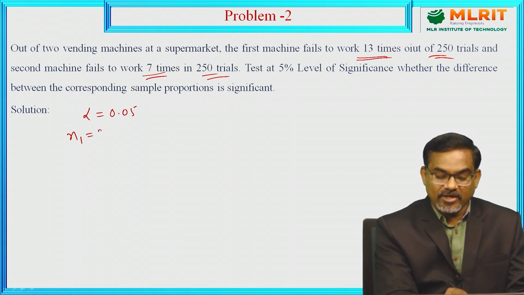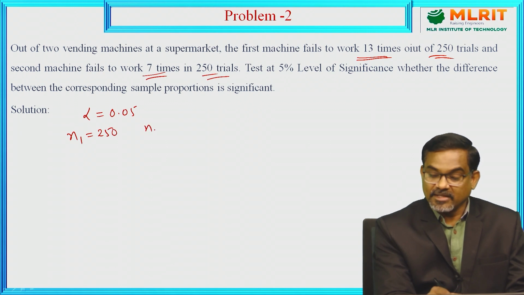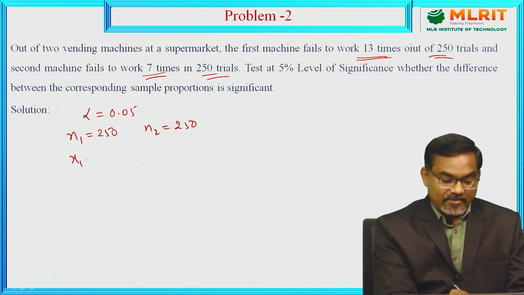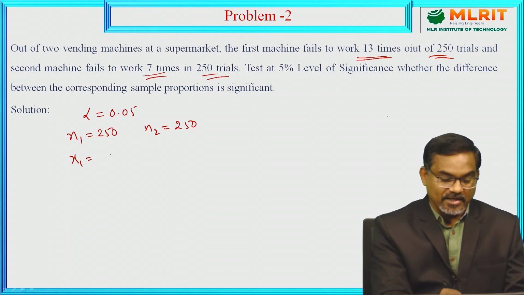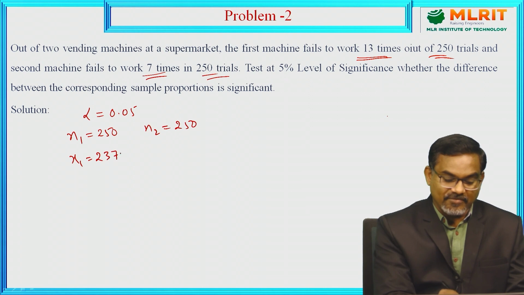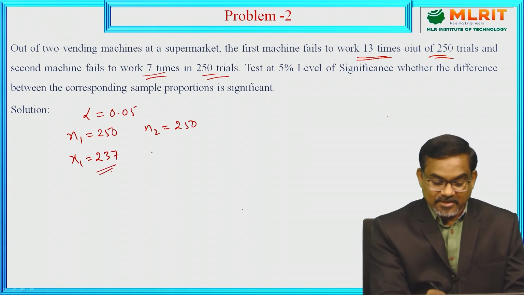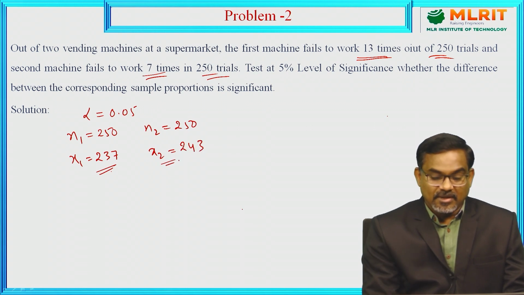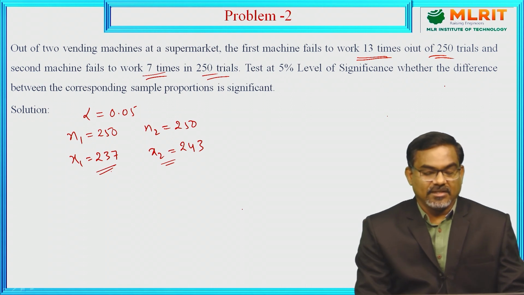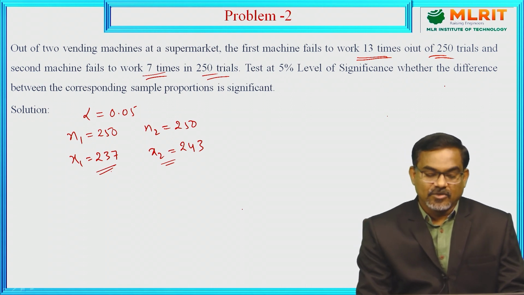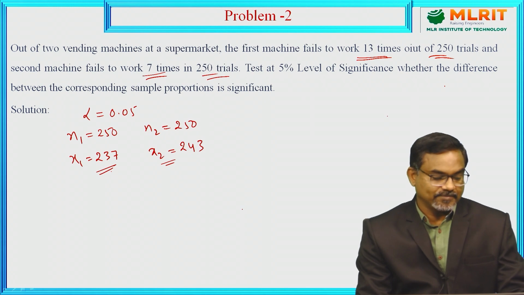So N1 equals 250 and N2 also 250, and out of 250 times, 13 times failed, so 237 times it worked. Similarly, the second machine failed 7 times, so 243. And we need to test whether there is any significant difference between the two sample proportions or not.